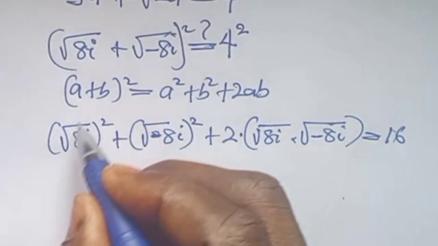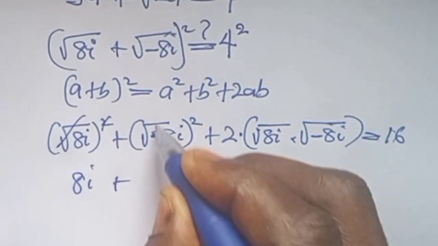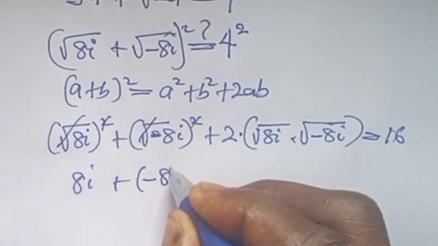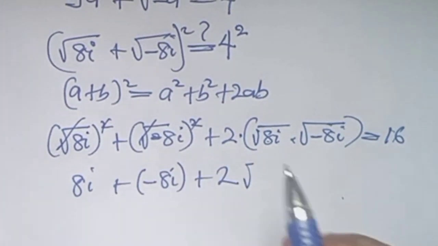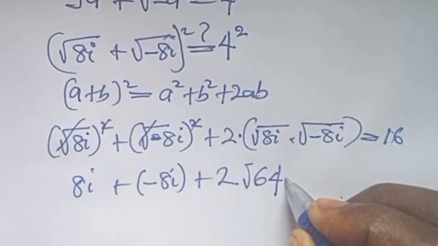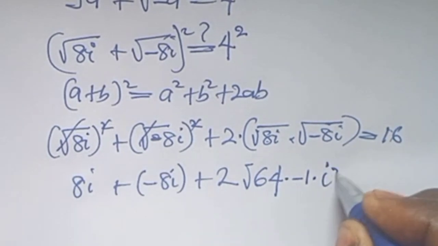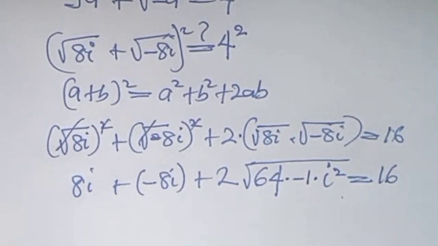And if we solve further, the square root and square will cancel. What is left is 8i, plus here square root and square will cancel. What will be left will be minus 8i plus 2 times square root of 8 times 8, that is 64, times minus 1, and times i, that is i squared. Everything equals to 16.